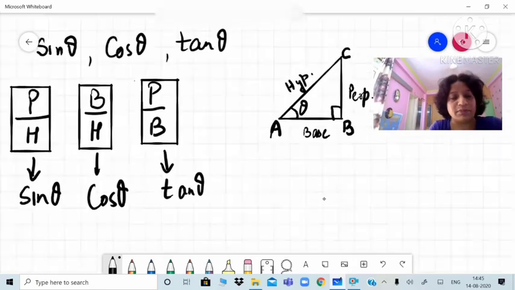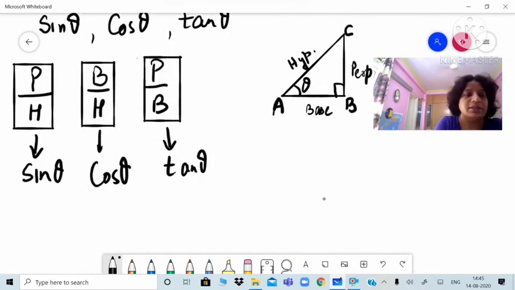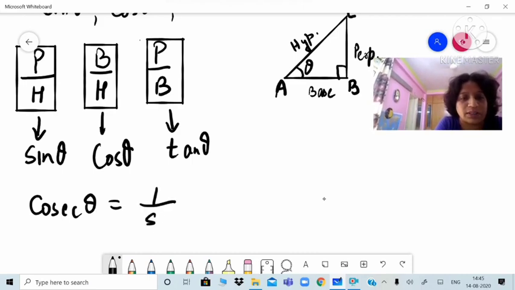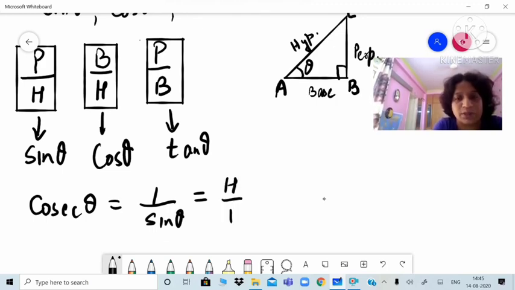Now after that we will be having their reciprocals. The reciprocal of sine is cosecant of the angle. So cosecant of angle is the reciprocal of sine of the angle. So if sine is P by H, the reciprocal of P by H is H by P, means hypotenuse upon perpendicular.